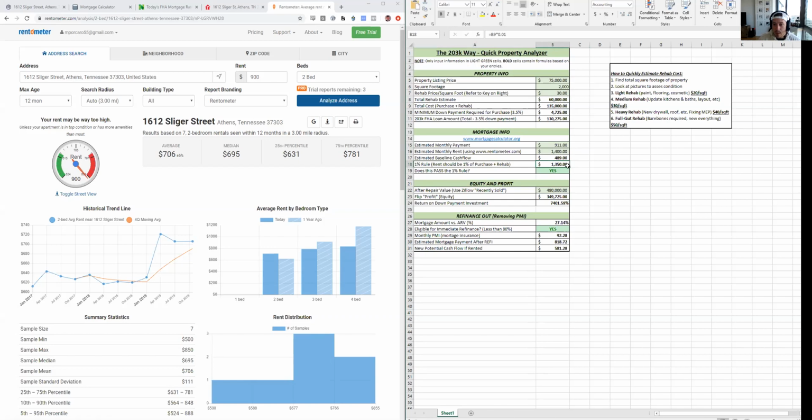A 1% rule would be 1,300 bucks, and you'd be making 1,400, so it's over the 1% rule. It fits within the confines. Don't get too into it. It could also not hit the 1% rule and still be a good deal. This is just a rough guide map for you guys.